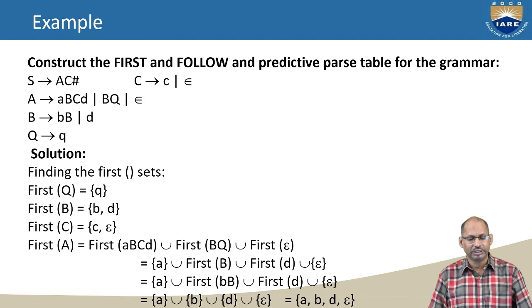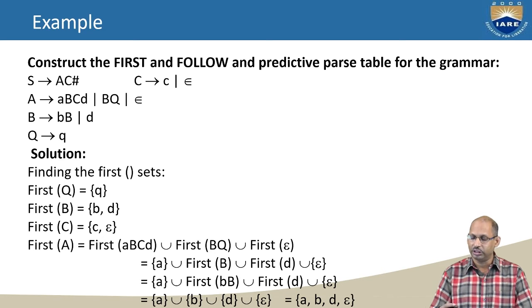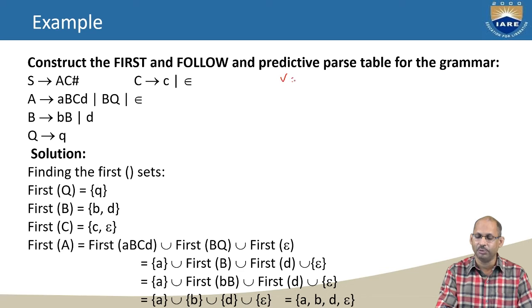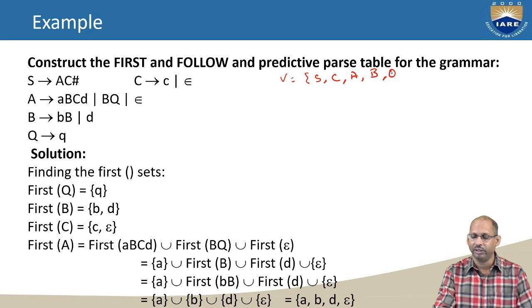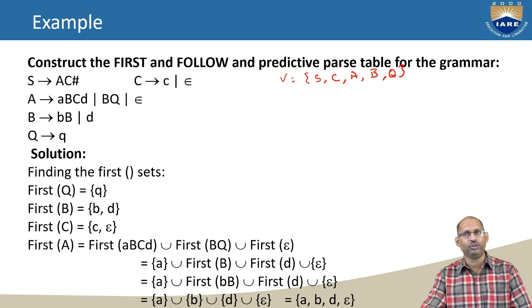Here, the productions are for S, C, A, B and Q. These are the variables, the non-terminals here: S, C, A, B and Q. We'll need to find the first of all these variables.